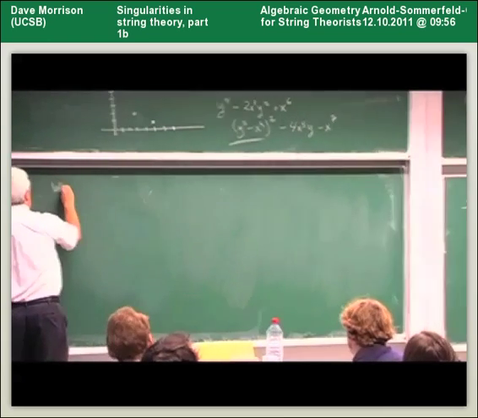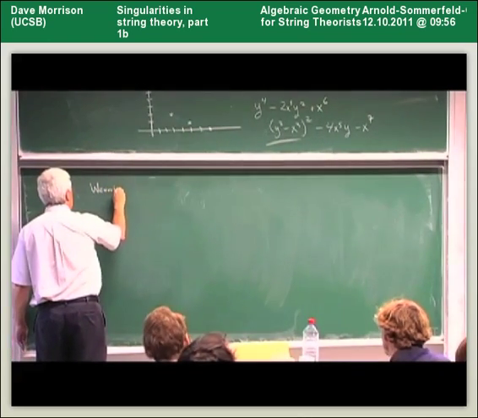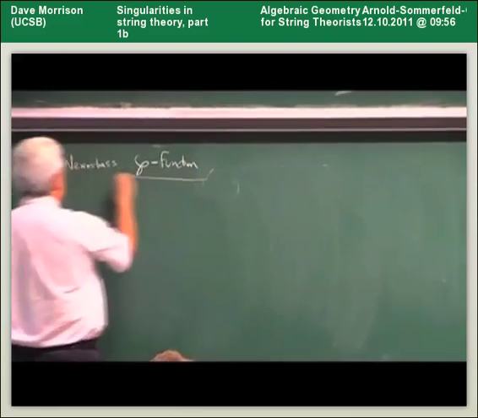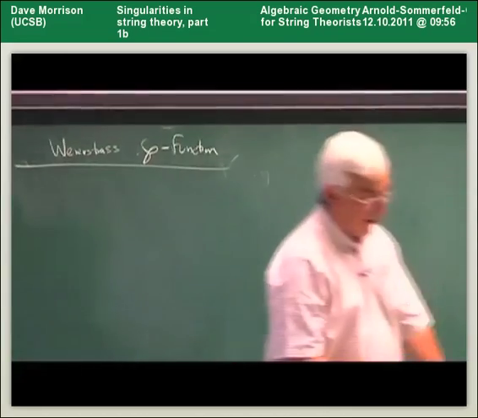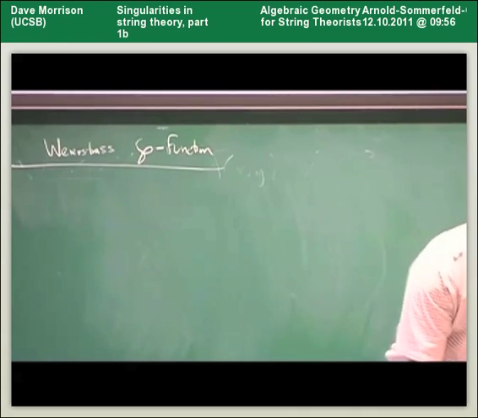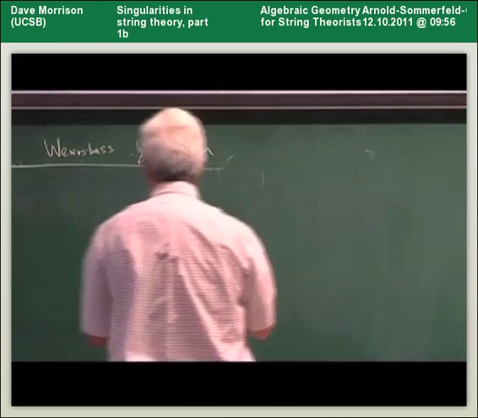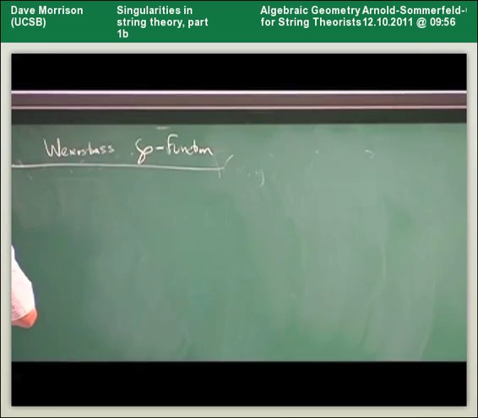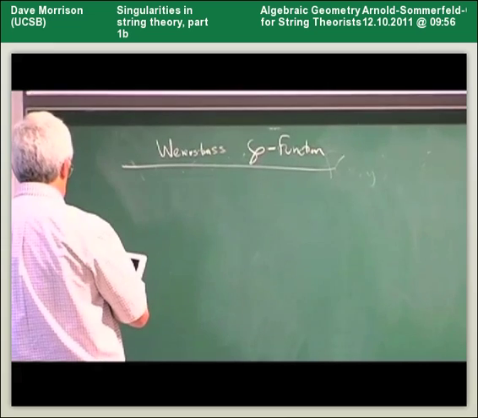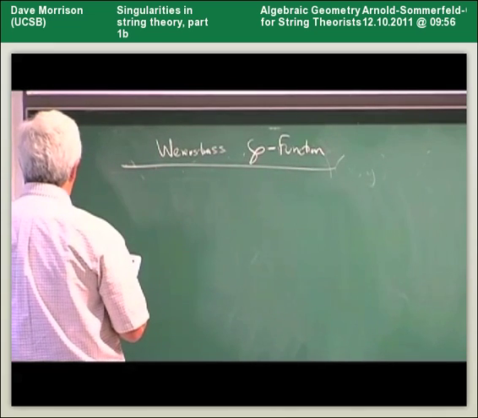So there's some beautiful 19th century mathematics done by Weierstrass, which helps understand the behavior of these SL2Z invariant functions. So given an elliptic curve like that, Weierstrass... sorry, I didn't print this one out.